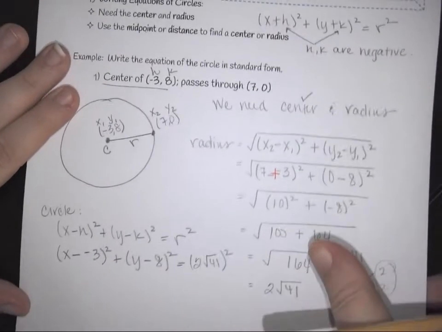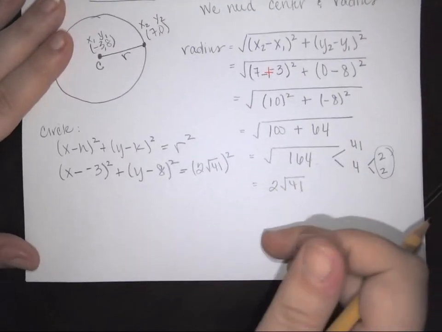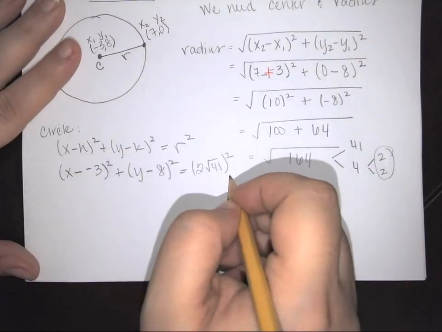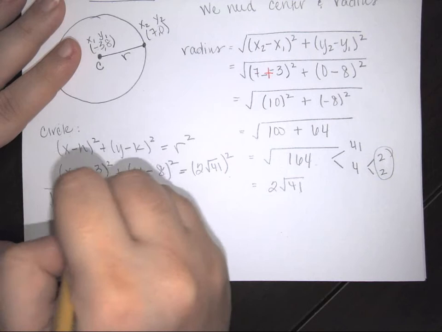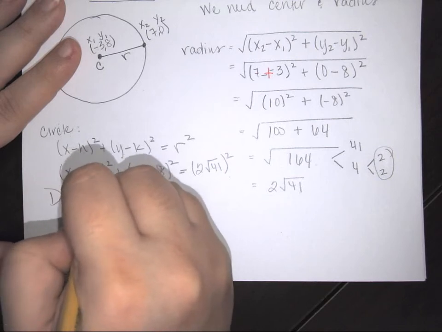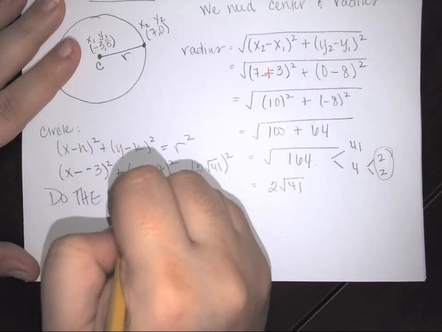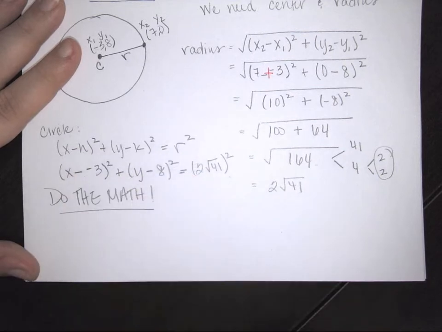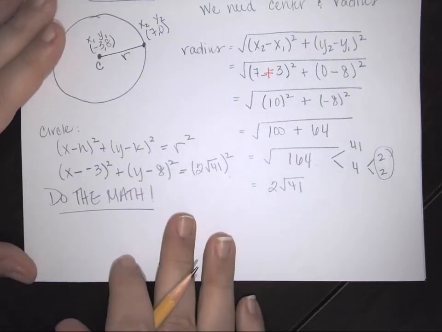Now the biggest thing that I notice students do, or the biggest mistake, is we leave it in this form. And what you have to remember is that you must always do the math. If there's still math that you can do, then you would be expected to do it.